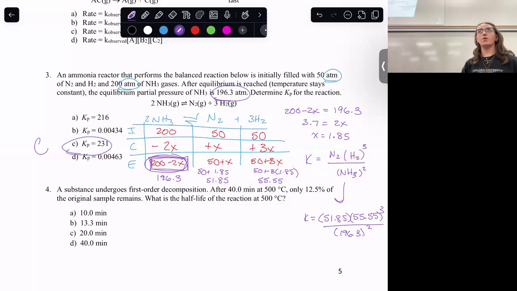If the volume were to increase, is this going to go towards the reactants or products? It will go towards products. Can someone tell me why it's going to go towards products? Technically that is correct, but that's not why.